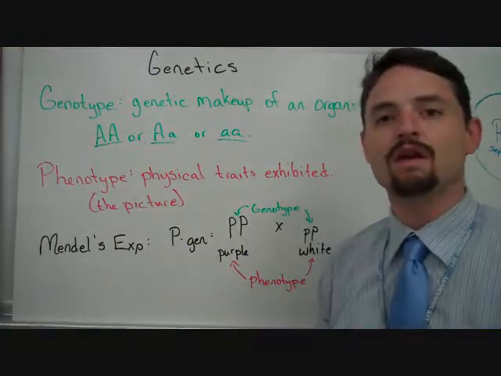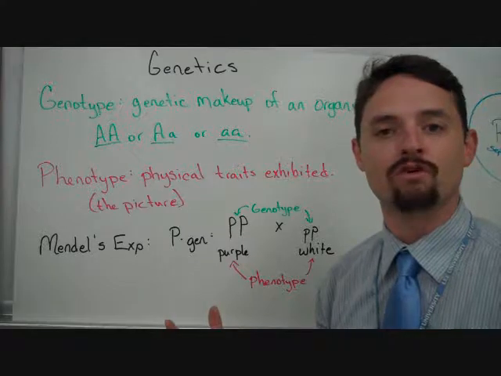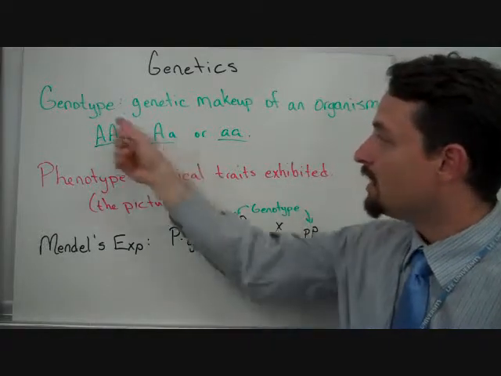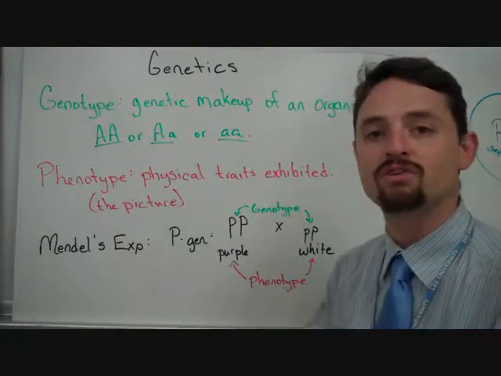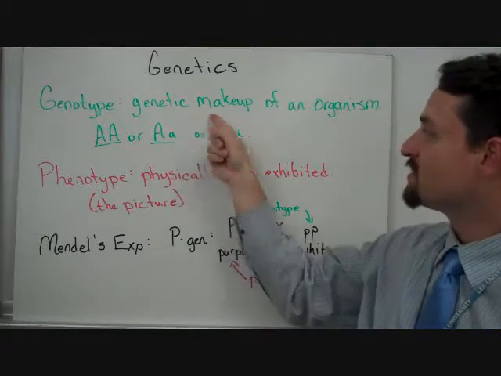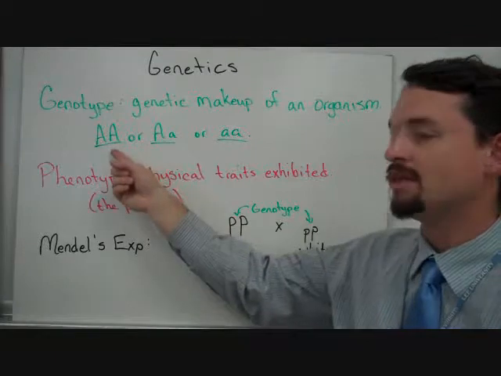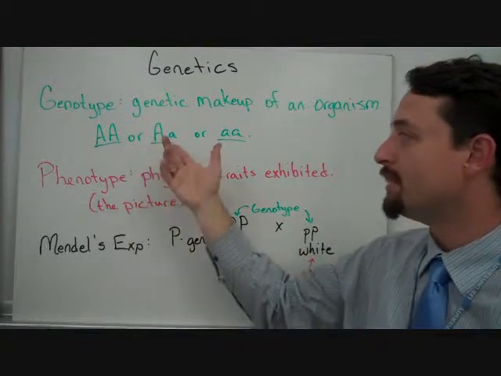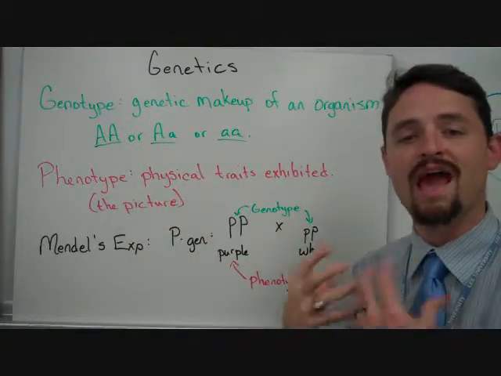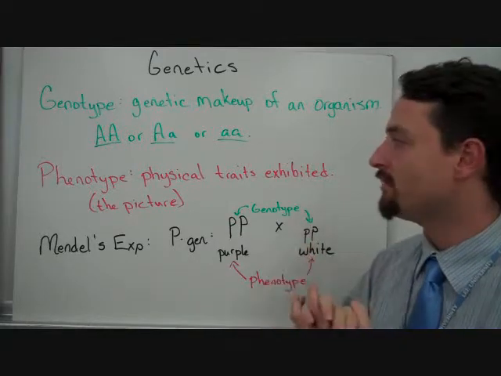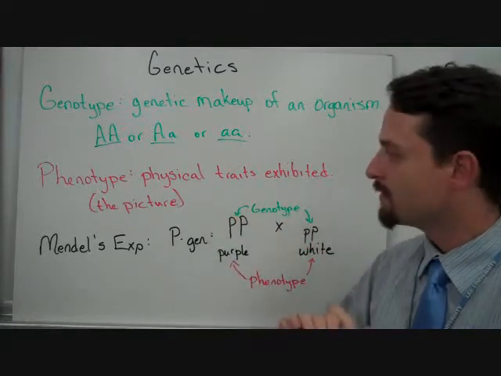So how do we know what we're talking about or what we're looking for when we're looking at genetics? One of the key terms that we use is called a genotype. In a genotype, that's looking at the genetic makeup of an organism. So, for instance, that would be that they are big A, big A, little a, or little a, little a. That's the actual letters that they have on their chromosomes that we give them.